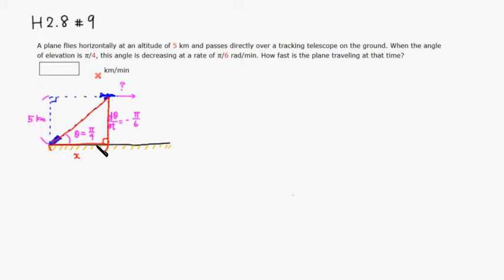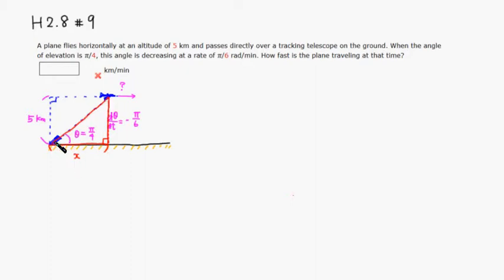Then we have information about the angle, so we have to somehow relate the altitude, x, and the angle. This side is opposite, and this is adjacent. A good way to relate opposite, adjacent, and angle is tangent.